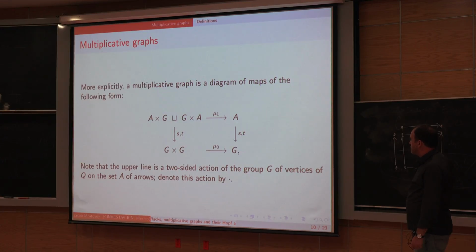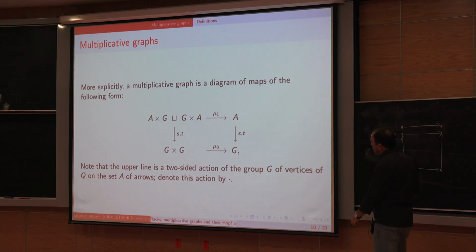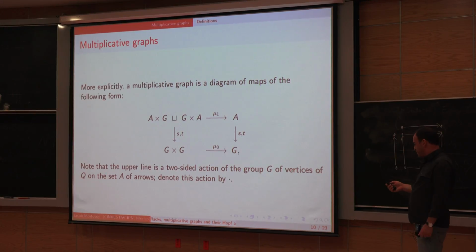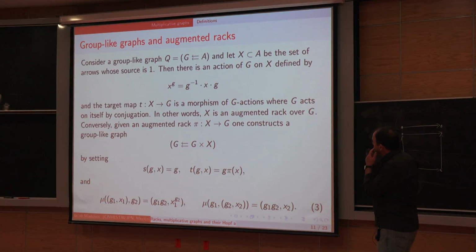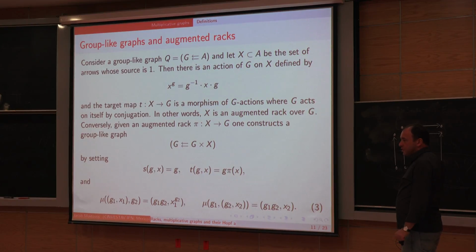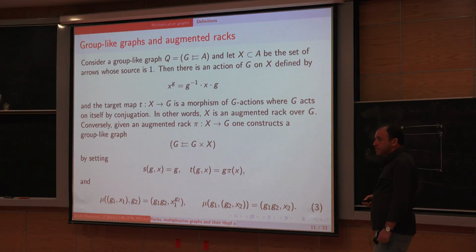And the associativity implies that these actions, the left and right actions, commute. Okay, so really group-like graphs are the same thing as augmented racks. It's the same category, but in a much nicer packaging.